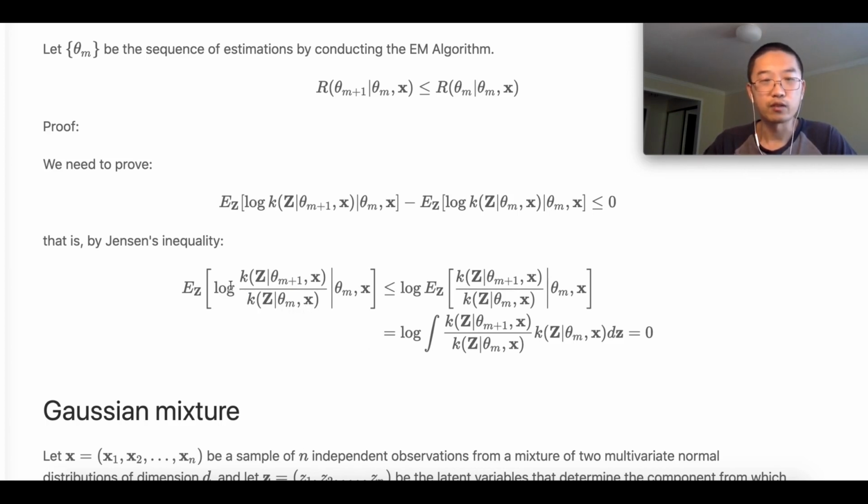By Jensen's inequality, we take the log out of the expectation, and the first term is less than the second.